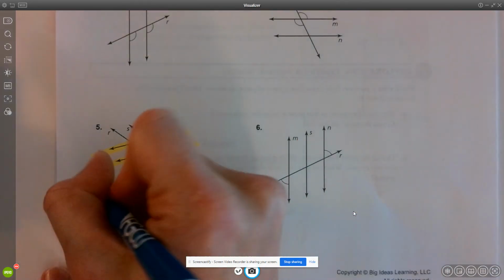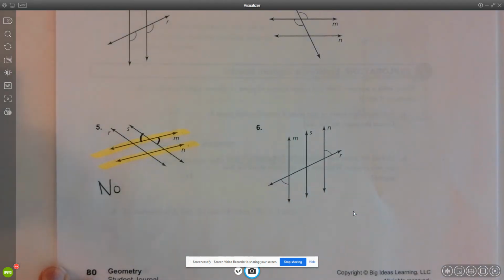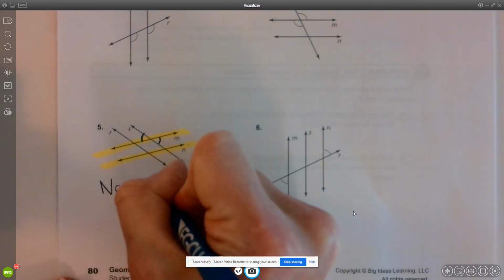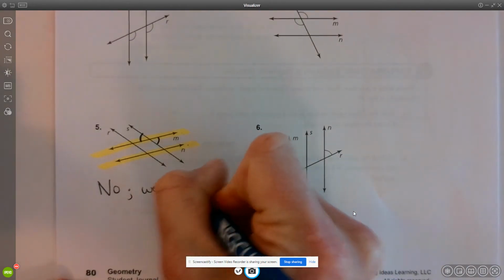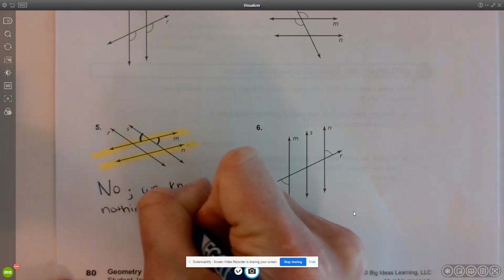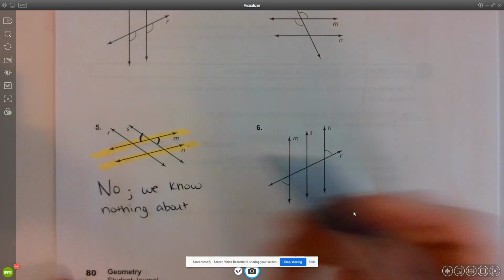So I'm going to say, no, there's not enough information. And I'm just going to give an explanation that we know nothing about the angles on line N.